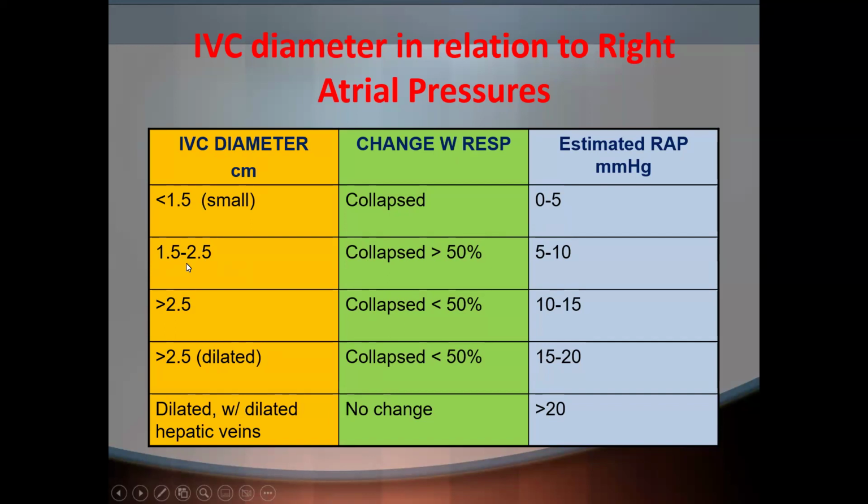If it is 1.5 to 2.5 with IVC collapsibility more than 50%, the estimated CVP is 5 to 10. If more than 2.5, it means distended, with collapsibility below 50%, so the estimated CVP or right atrial pressure is between 10 and 15.